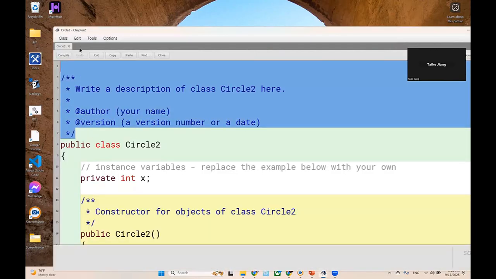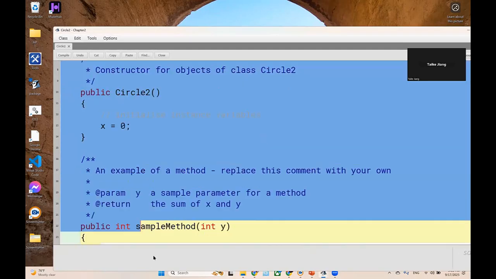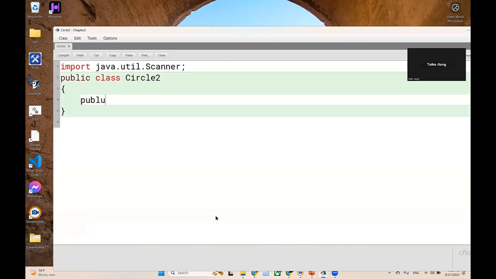In the solo you do have this, so you need to import the Java util package. Before you actually read in the data, you need to declare the Scanner: Scanner sc equals new Scanner(System.in).